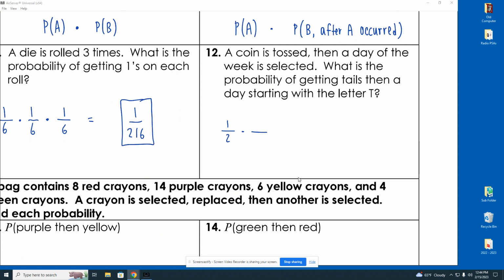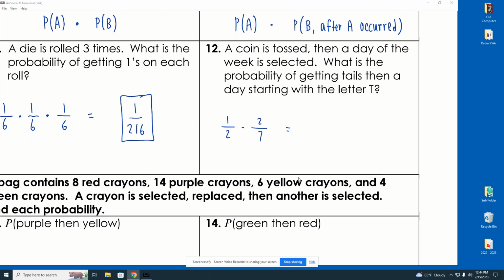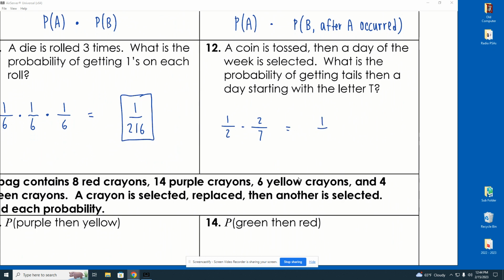What's the probability of the second event, getting a day of the week that starts with T? 2 out of 7. So if I want to figure out the probability of those 2 things happening, I multiply those events. 1 out of 2 times 2 over 7. I think I got 1 over 7. Is that right? 1 out of 7 is not very good, but it's better than the last one for sure.